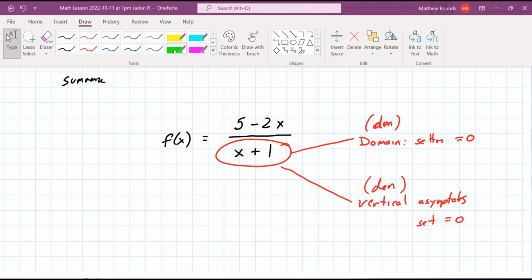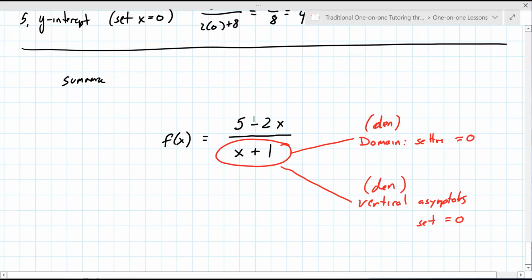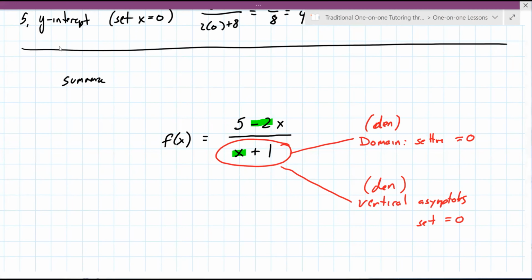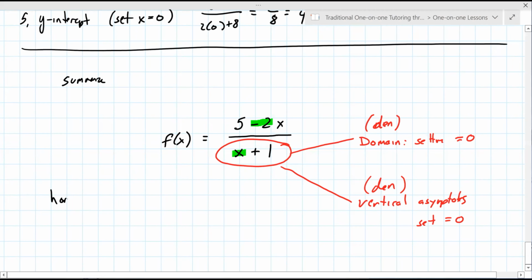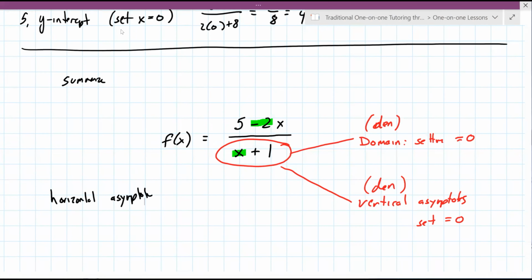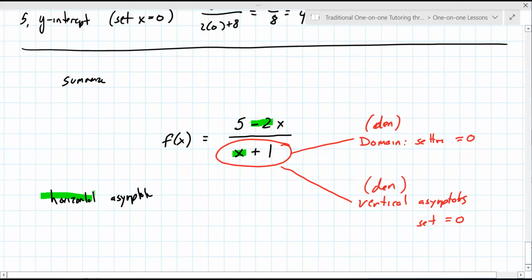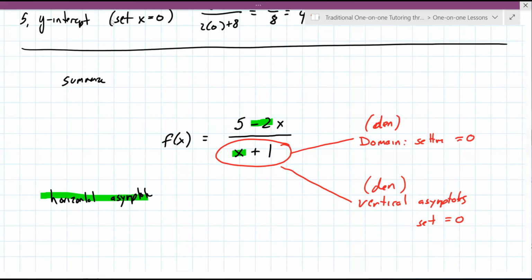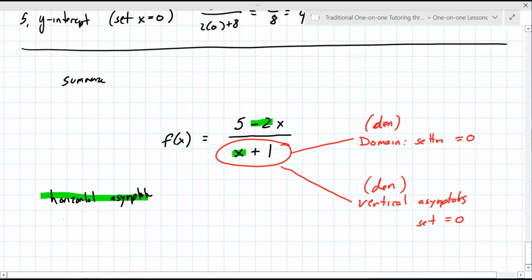The next thing we did in all these problems is we found the horizontal asymptote. I have to do this slightly differently. Let me go over here and write this horizontal asymptote. So that uses both the numerator and the denominator. You're meshing the two.